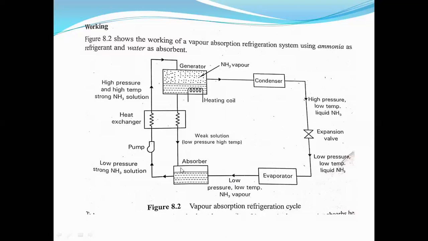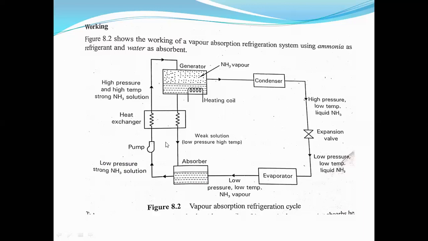When it enters into the absorber, which consists of a mixture of ammonia and water, this solution becomes strong. That strong ammonia solution, which is at low pressure and low temperature condition only, enters into the pump.